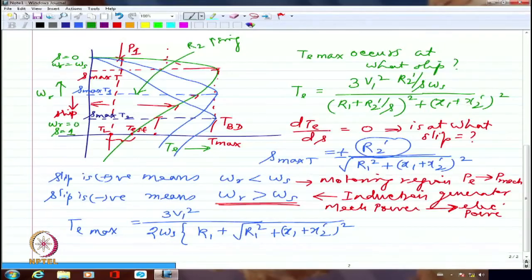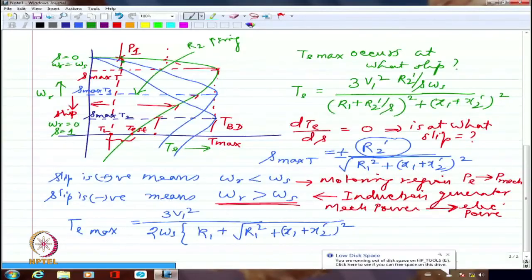So if I am talking about a constant torque load, I have one operating point here, one operating point here, one more operating point here, which means by changing the rotor resistance, I will be able to get 3 different operating speeds when I include more and more resistances.